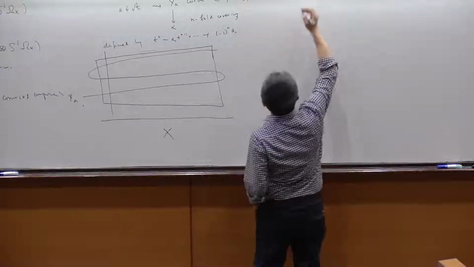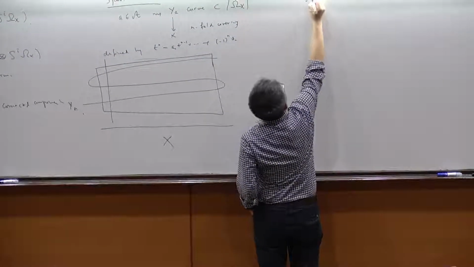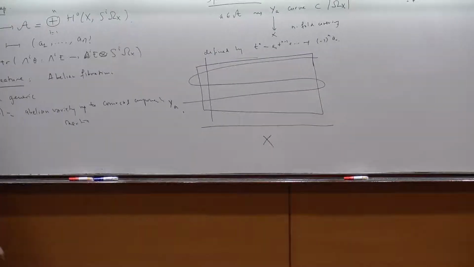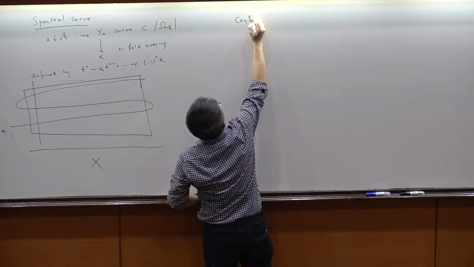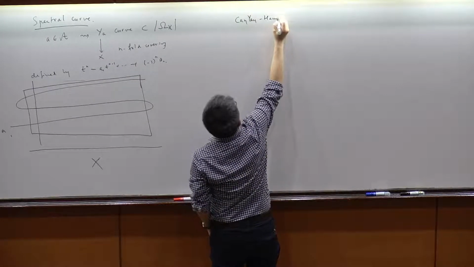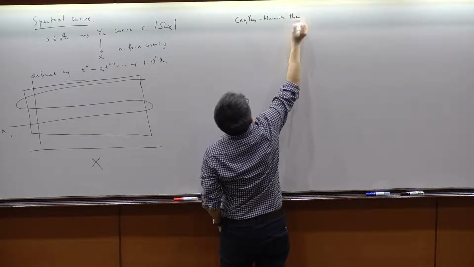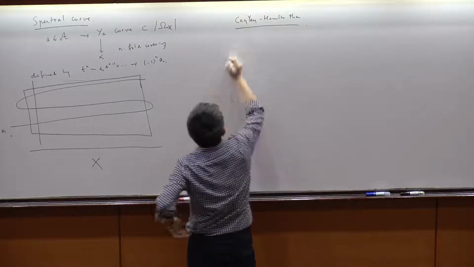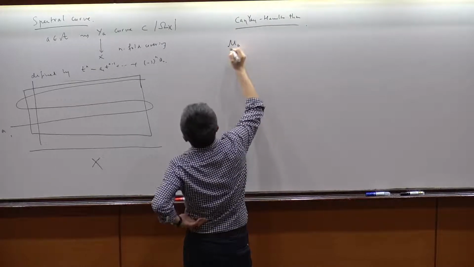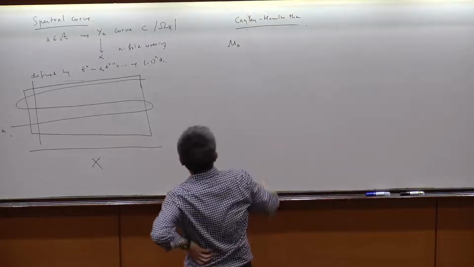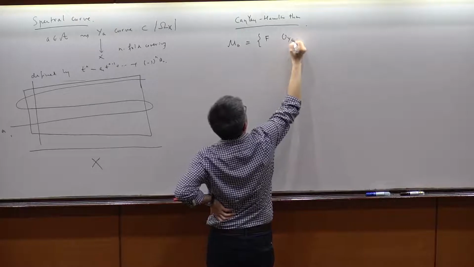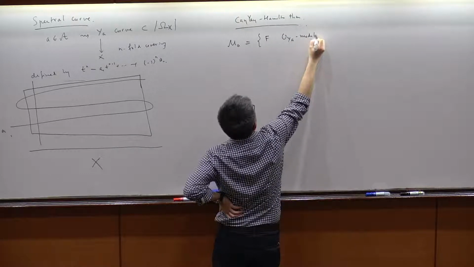And he observed that, let me check, it's just by the Cayley-Hamilton theorem. You can identify M_a, the fiber of h over a, with the space of F, which are O_{Y_a} modules.